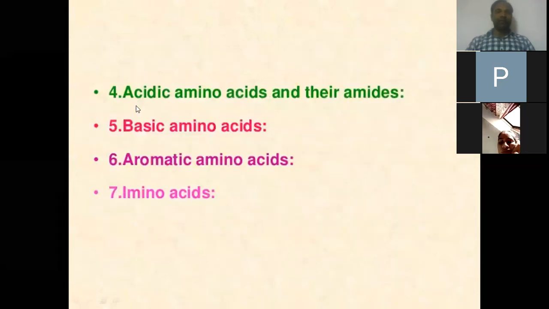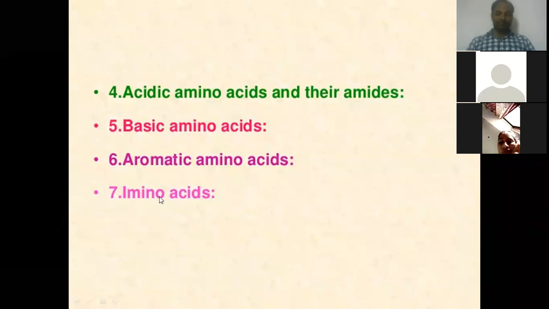Fourth group, acidic amino acids and their amides. Fifth group, basic amino acids. Sixth group, aromatic amino acids. And seventh group, imino acids. So these are the 7 different groups of the classification of amino acids. Amino acid के classification के ये 7 different groups हैं.